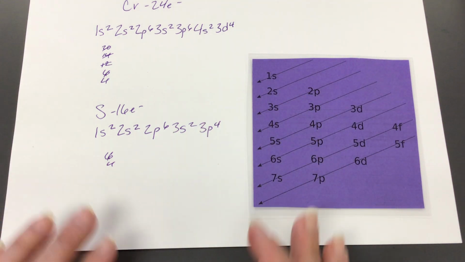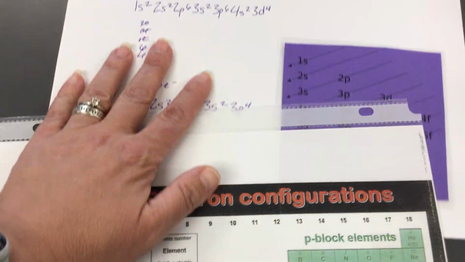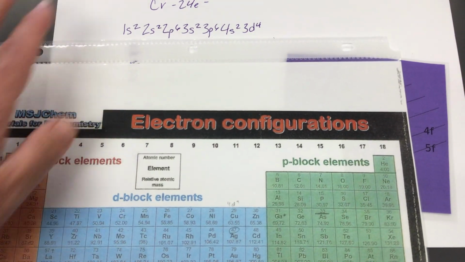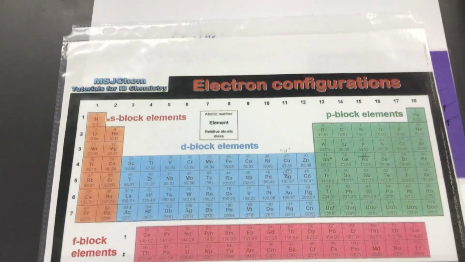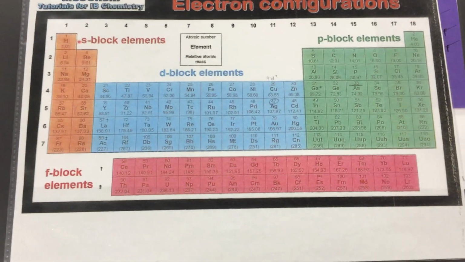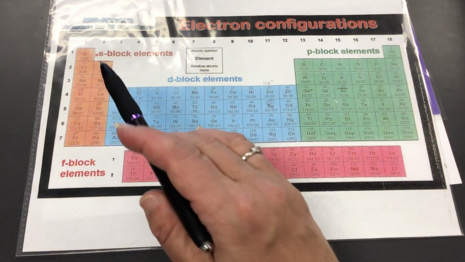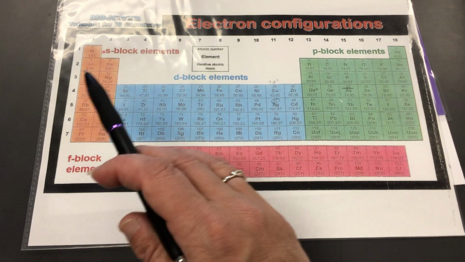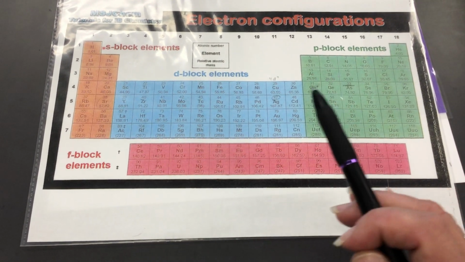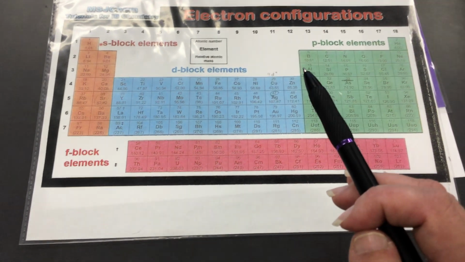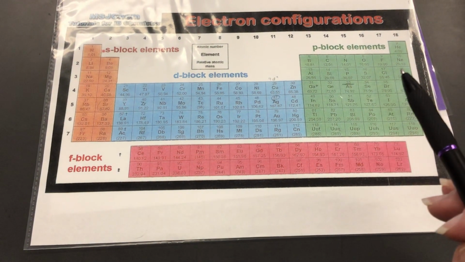Okay, the other cool thing is we can also double check these on the table. So we know that chromium was 1s2 all the way to 3d4. If I look at this, I'm going to try to back out a little bit so you can see the whole thing. Okay. If we look at it, there's our 1s2, 2s2, 2p6, 3s2, and then 3p6.